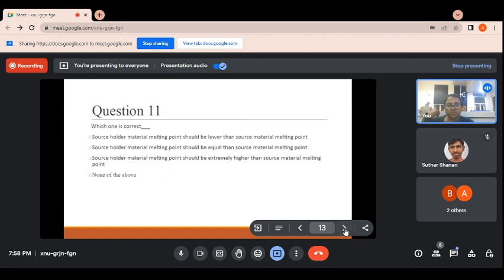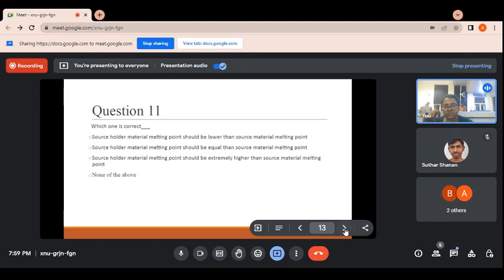So next we are moving toward question number 11. Which one is correct? Here multiple options can be correct. The first option is source holder material melting point should be lower than the source material melting point. The second option is source holder material melting point should be equal to the source material melting point.